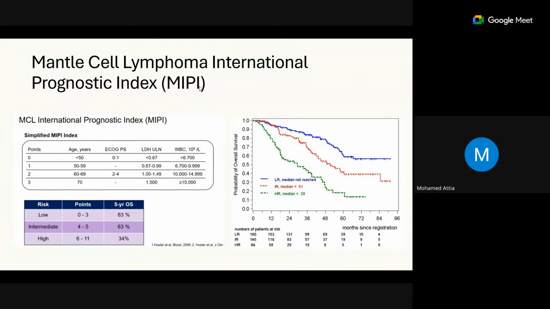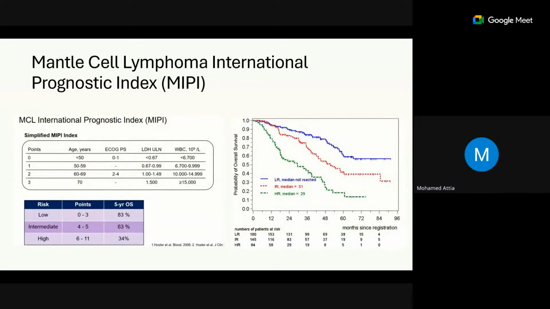And according to the Mantle Cell Lymphoma International Prognostic Index, which includes age, performance status, LDH upper normal increase, and white blood cell count in the peripheral blood, if the patient has low risk, the blue line, his survival is very good, but for the patient with high risk, the survival will be very bad.